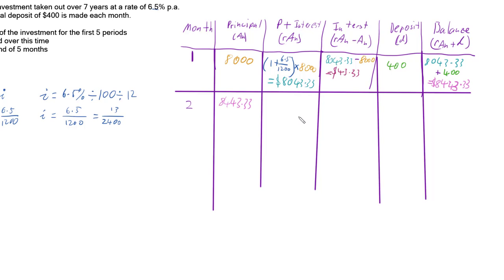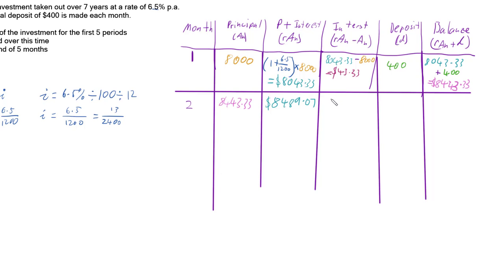We'll just do that up in our calculator. If we do that, this time it gives us a principal plus interest of $8,489.07. And I got there by taking our principal here and multiplying it by our 1 plus 6.5 over 1,200.